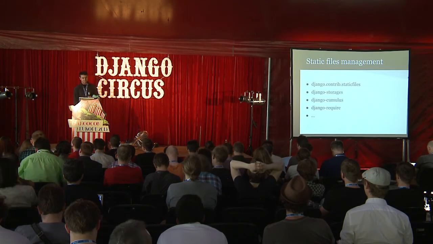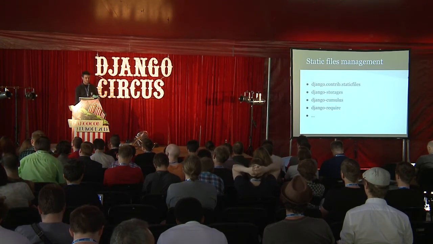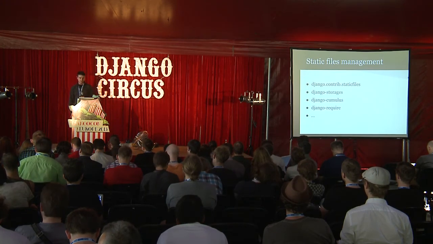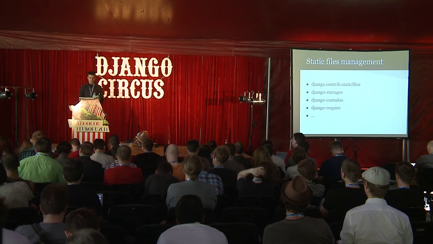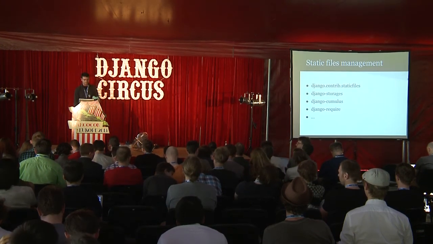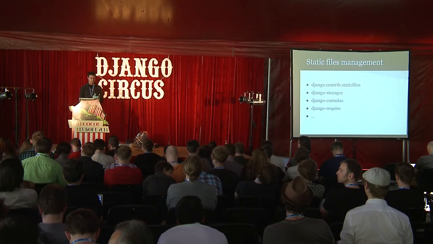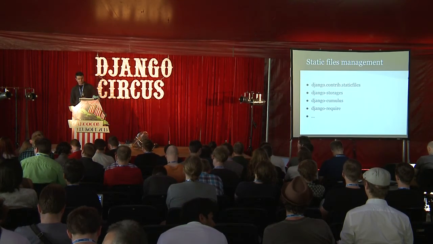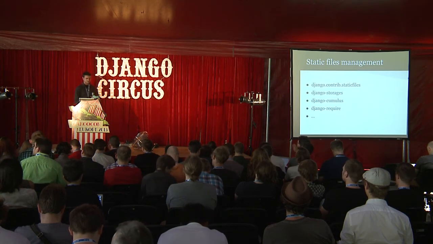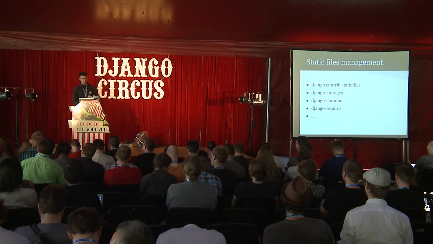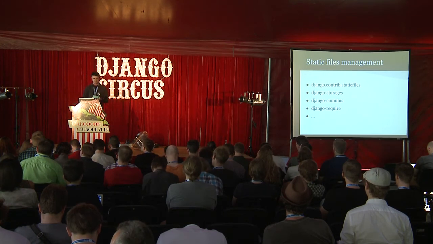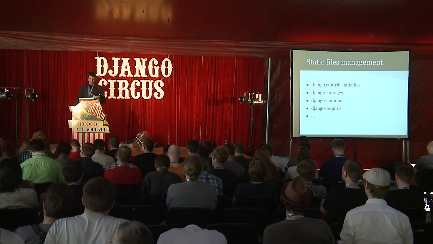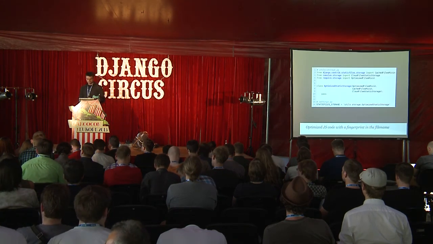For example, Django storages give us a way to store our static files on external containers, like Amazon S3, or Django Cumulus allows us to store our static files on the OpenStack platform, on Cloud Files. And on this list, there is also Django Require, because it uses the static files API to build our Require.js application. I will show you now how it works.